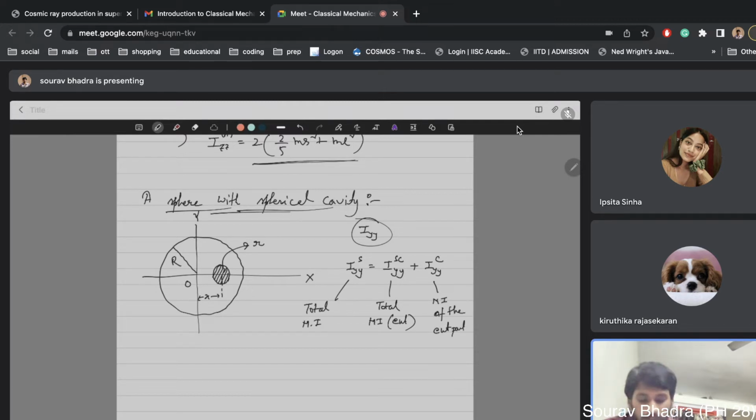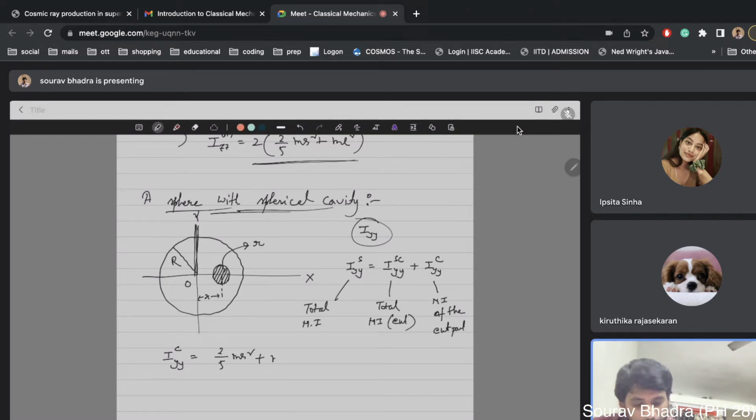Now if we consider this hollow part when it was already in the sphere, at that time it was a solid body. Before the cut, the full sphere was a solid body; after cutting it has become hollow. Now this ICYY, which is the moment of inertia of the cut part with respect to this OY axis, is 2/5 m r square plus m x square, where small m is the mass of the cut part.